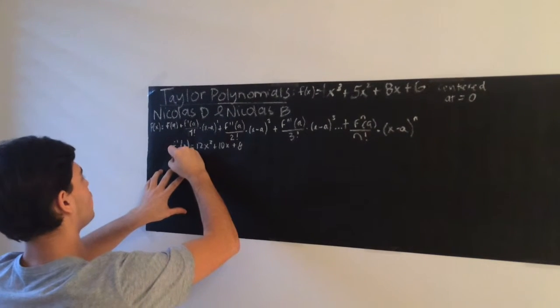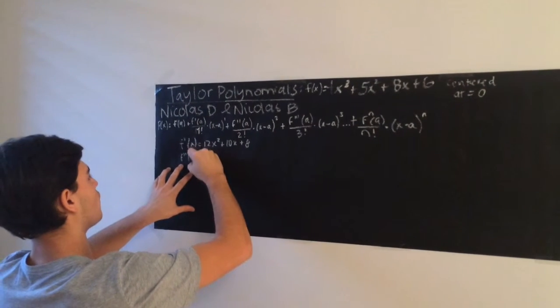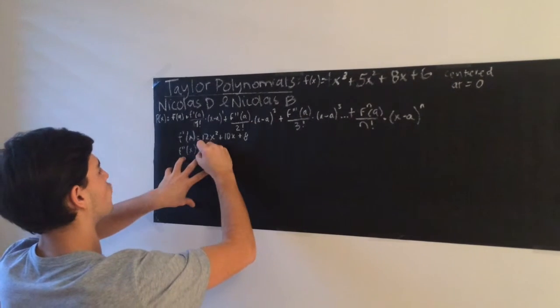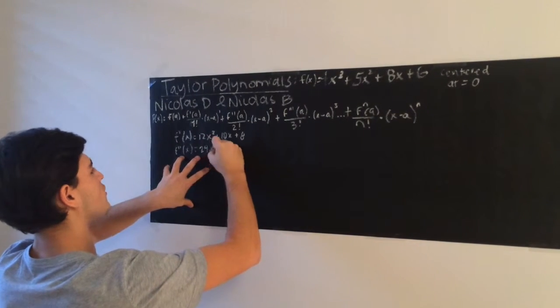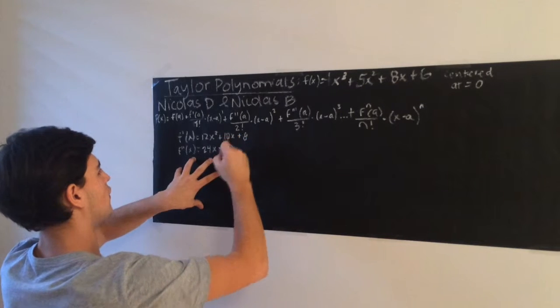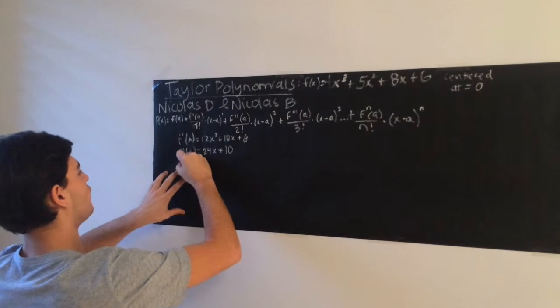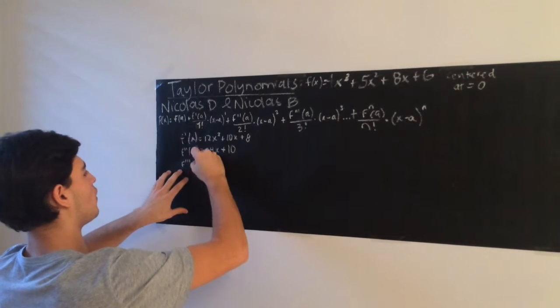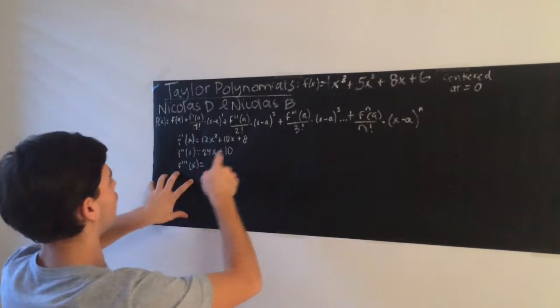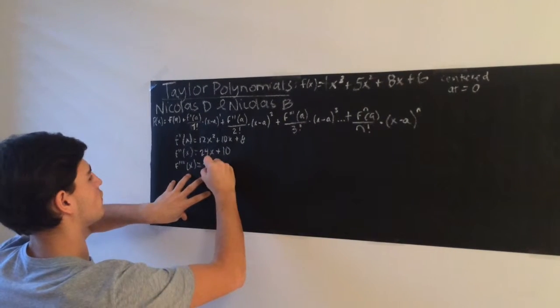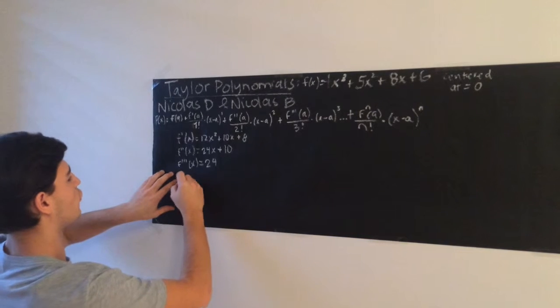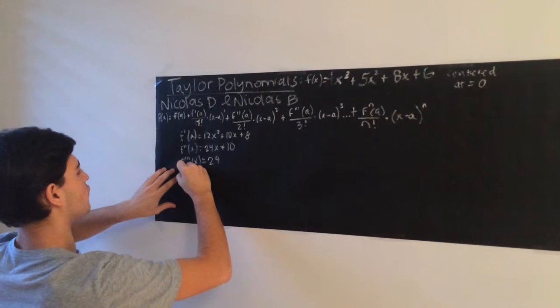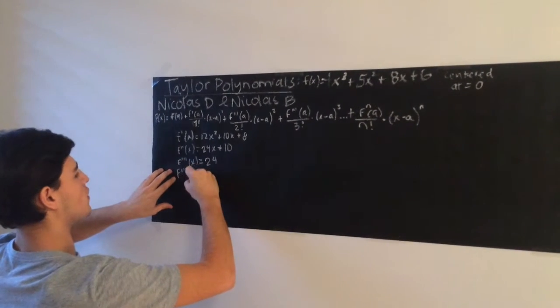The second derivative would be 24x plus 10. The third derivative would be 24, so only 24. The fourth derivative would be 0.